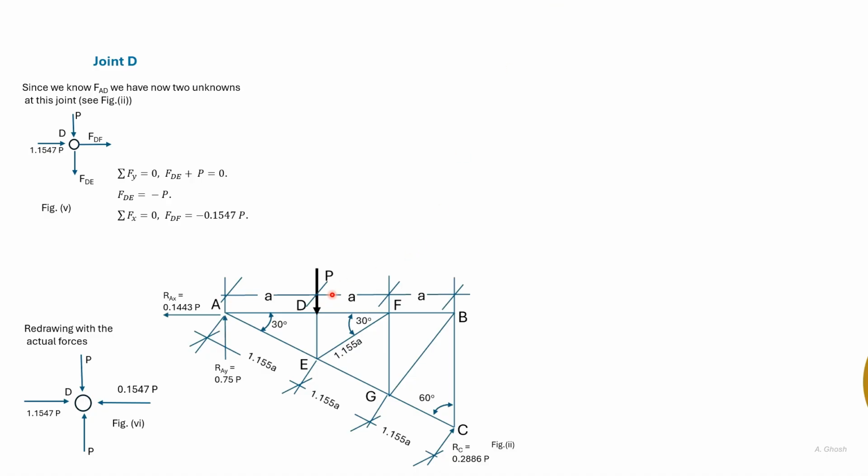We see that DF is in compression. We now know the force in DE, and earlier we have found the force in AE. So at the joint E, we now have two unknowns. So joint E can be solved.